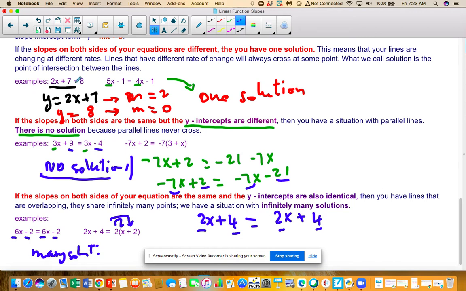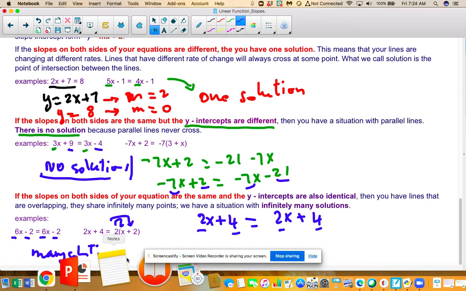Why don't we see the graph of one situation where we have one solution like this one, a situation where we have no solution, and a situation where we have an infinite number of solutions. So I'm going to go to Desmos graphing so that you can see it. One of the lines is 2x plus 7, okay? And the right side is y equals 8. So 2x plus 7 and y equals 8.